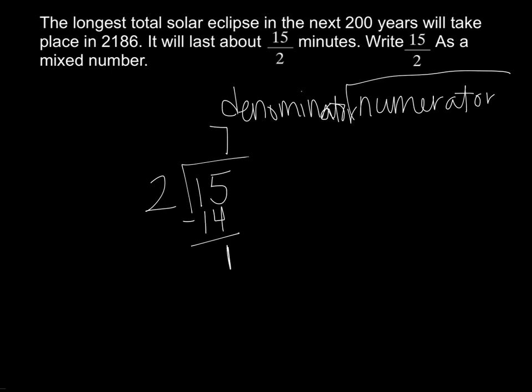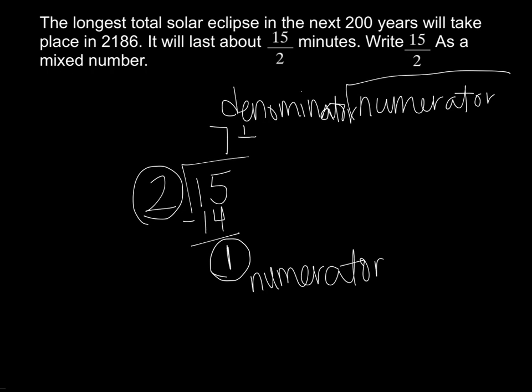So I need to remember that this is my numerator. So that's going to be the 1 on top. And this is going to be my denominator. So my answer will be 7 1/2 when I divide the top by the bottom, or the numerator by the denominator. 7 1/2 would be how I would change this.